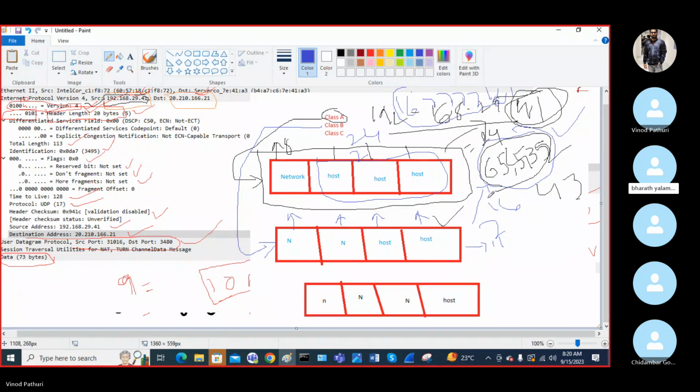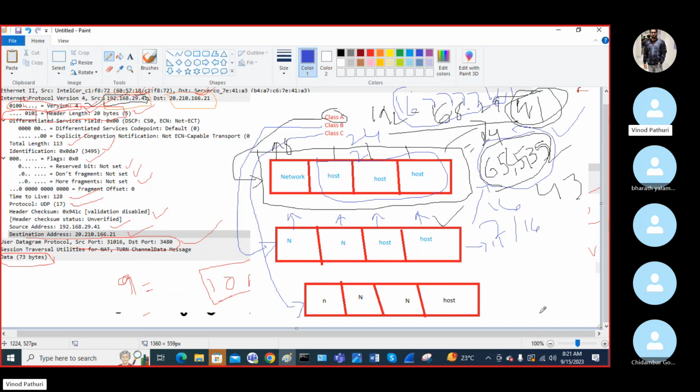Okay. Now go to class C and see how many network bits we have and how many host bits we have. What is the network bits value in class B? Whether it is 8, 16, 24, or 32. 16. Class B, yes, you're correct, 16.